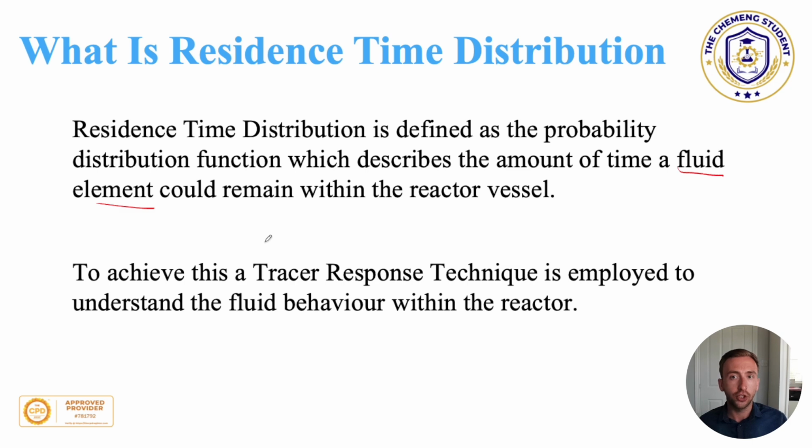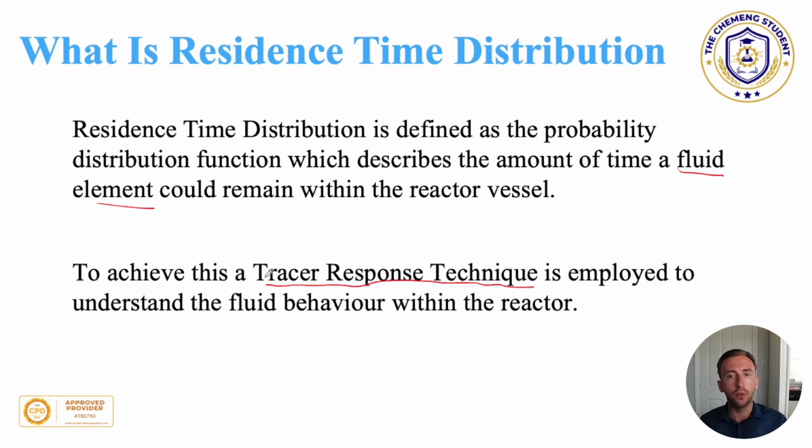Now, in order to achieve this analysis, we have to perform what's called tracer response techniques. And we're going to briefly discuss the two types, but more importantly, we're going to see why and how this is actually applicable for us to design real reactors.